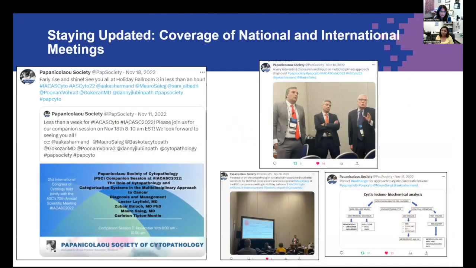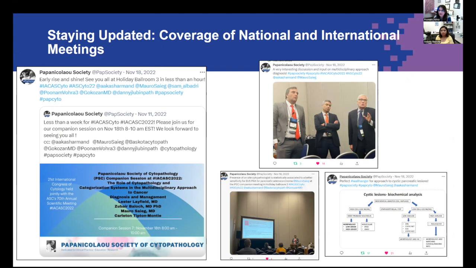And as far as staying updated, you can cover national and international meetings. Social media is a very powerful tool for staying up to date with the latest developments in national and international meetings. And these are the various examples where in the first image on the left side, through Papanicolaou Society webpage, we are trying to tell the audience to come to this session, which is presented by different presenters.